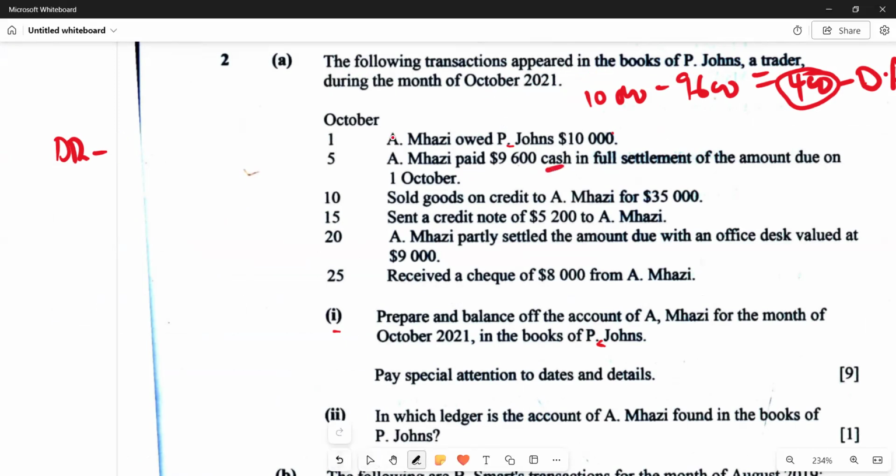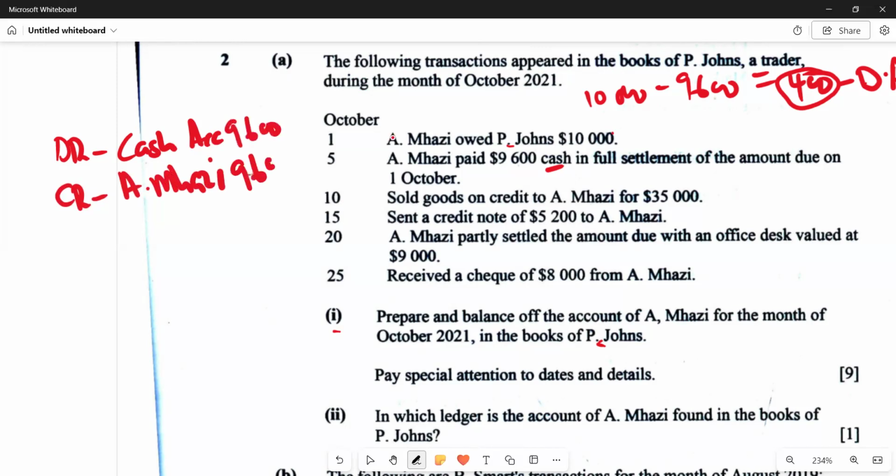We debit the cash account, and then we credit A. Mazi account to remove the amount owing. So here we are saying 9,600, 9,600. And then the other 400, which is for discount, we are going to debit discount allowed. So we've got two double entries there. Discount allowed.